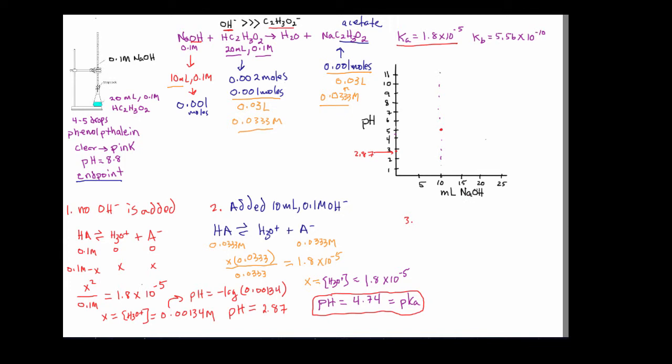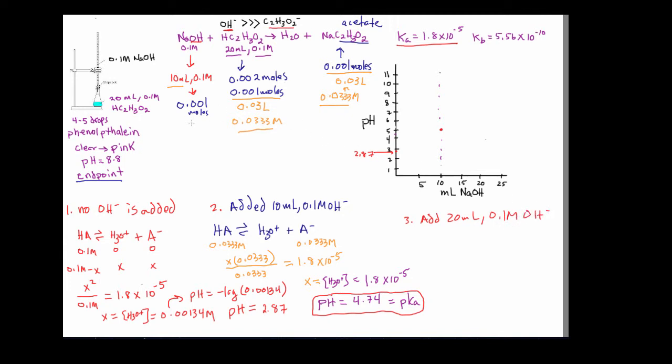Now, what we're going to do next is calculate the pH at the equivalence point. So we're going to add 20 mLs of 0.1 molar NaOH, OH minus.